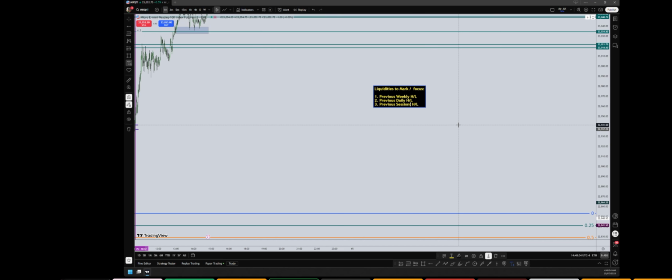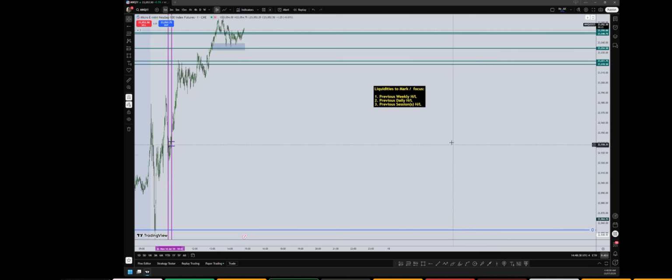Session, since there are multiple in a day, so sessions. These are the three liquidities you want to focus on.